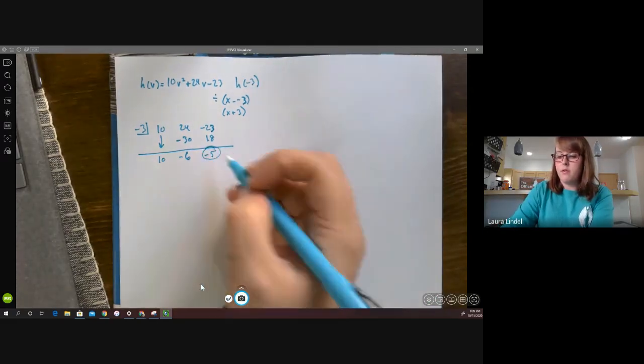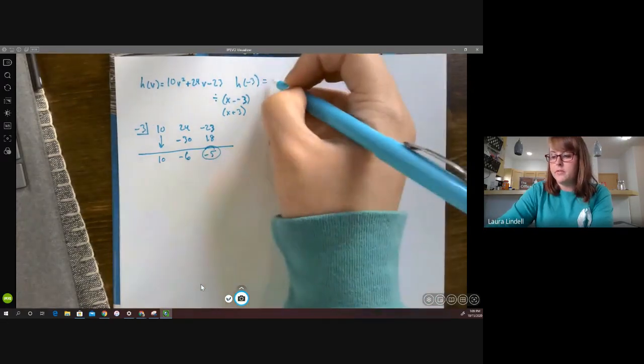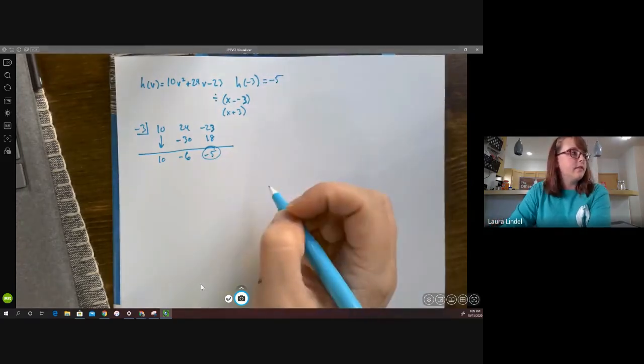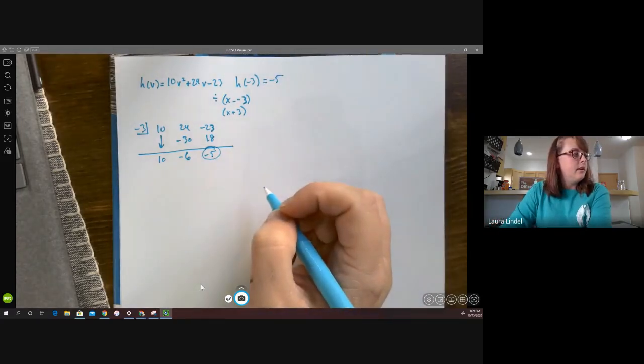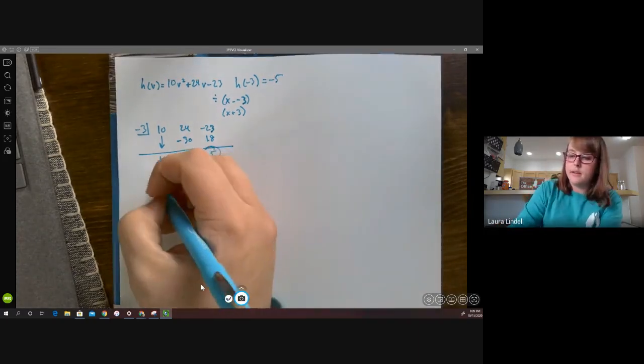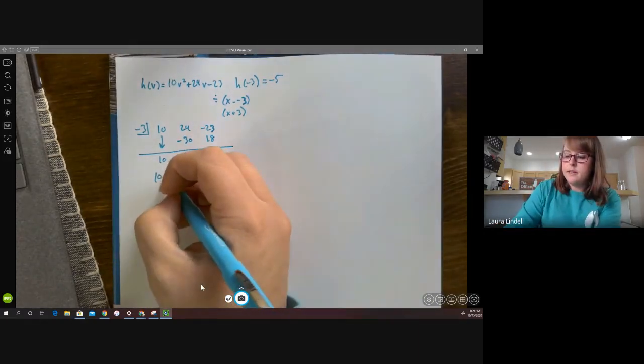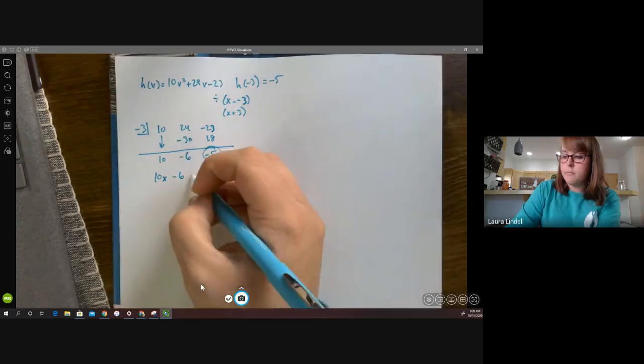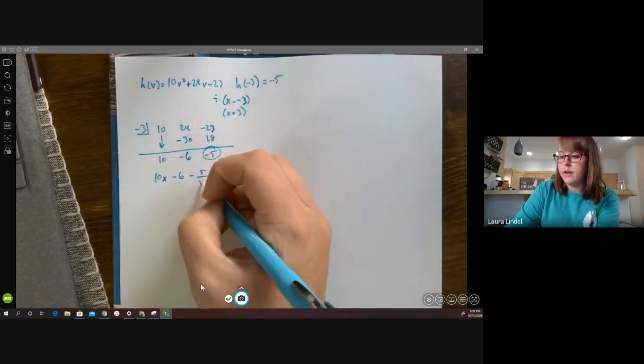So this number, our remainder, is what h of -3 is. And if I wanted to write out what this is equal to, I'd get 10x minus 6 minus 5 over x plus 3.